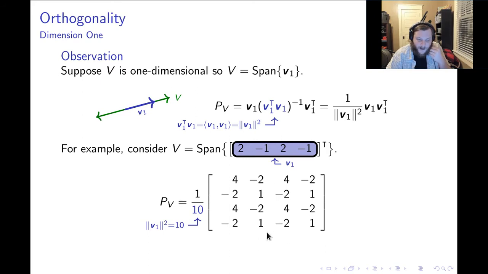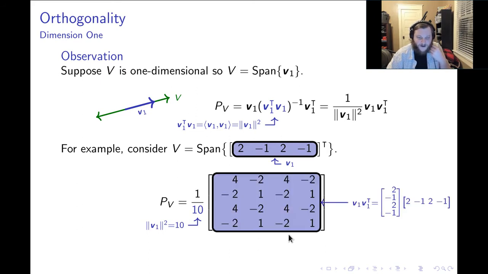And then what about this 4x4 matrix here? That's V1 as a column multiplied by V1 as a row. So that's (2, -1, 2, -1) as a column multiplied by (2, -1, 2, -1) as a row. This 4x1 multiplied by this 1x4 gives me a 4x4 matrix.